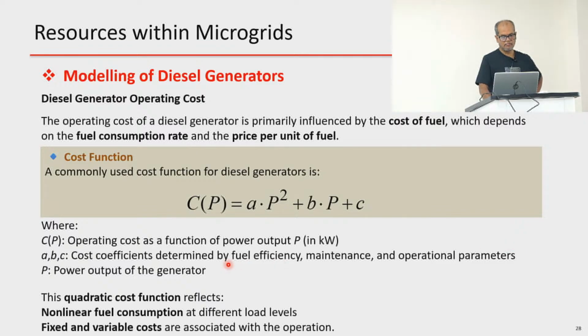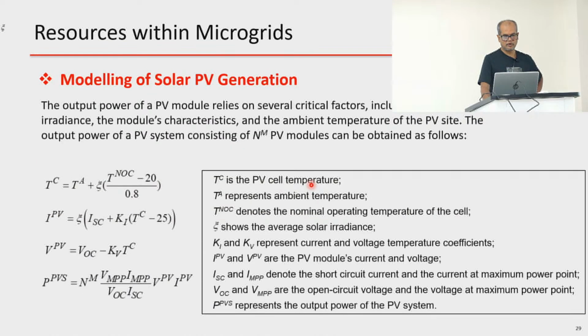And there are a number of methods you can use to easily solve it, and then you can find out the operating cost of the diesel generator for any area, and also how long you're going to use it and so on.